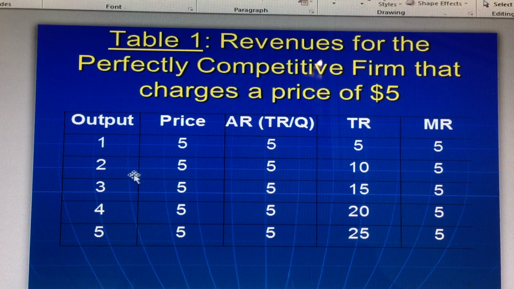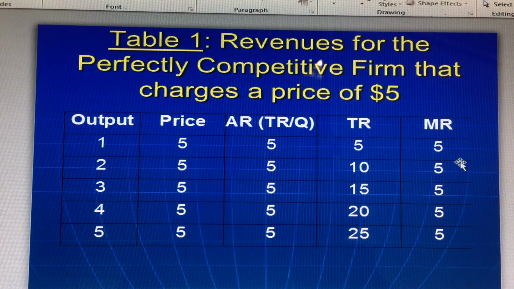Now when we move on to the second cup, you also sell at $5. Remember, you cannot change the price. What is the average revenue? It's still 5. You sell 2 cups at 10, each cup will be $5. Total revenue is 10. 2 times 5 is 10. Marginal revenue: how much revenue you get from the second cup?